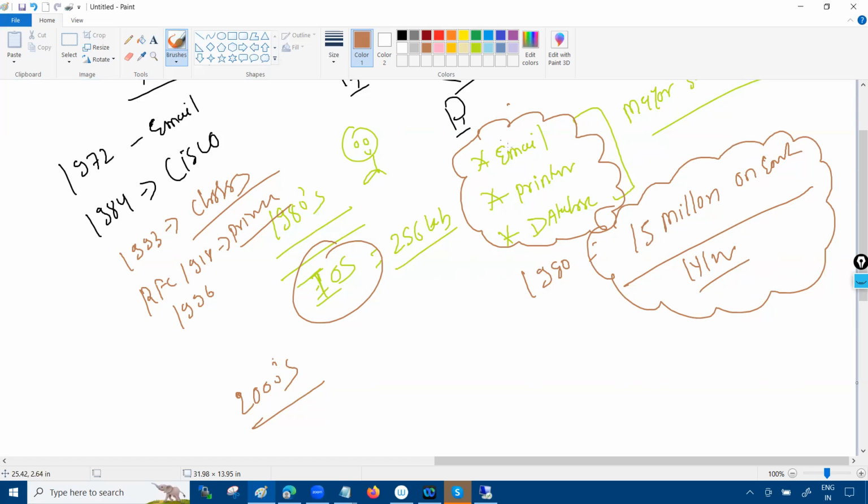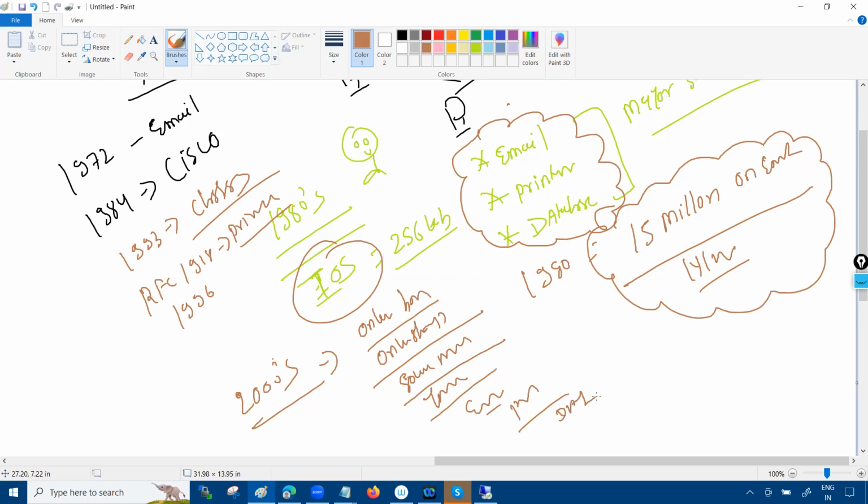Like in the 90s, 80s time, we had email, printing, database. Now in the 2000s, we have online banking, online shopping, or social media. The internet heavily and gradually increased. Email was there, printer was there, database was there. Many things came near the 2000s.